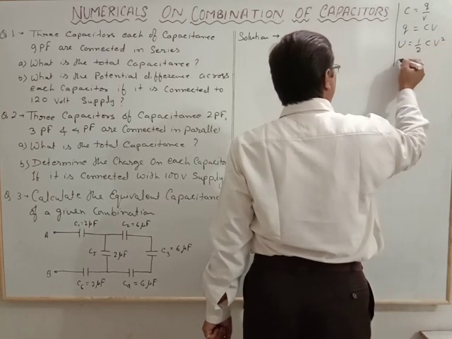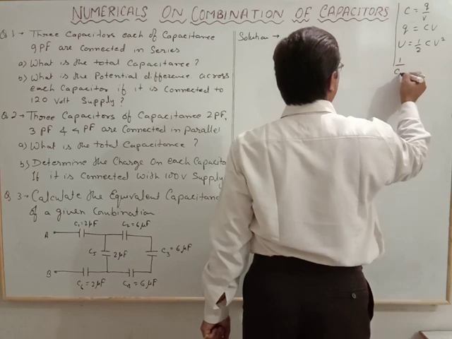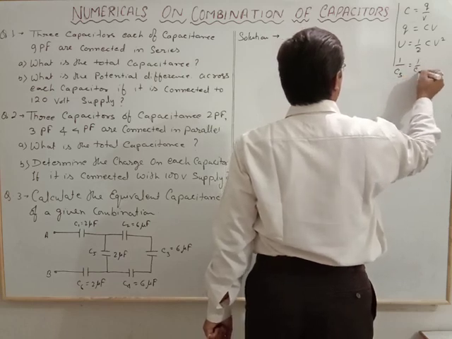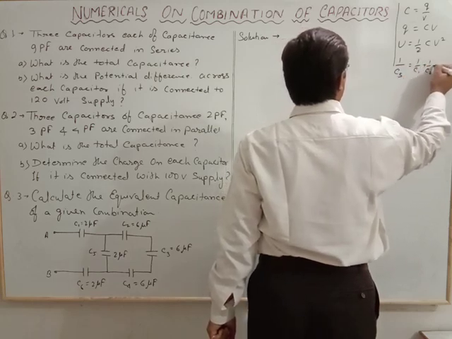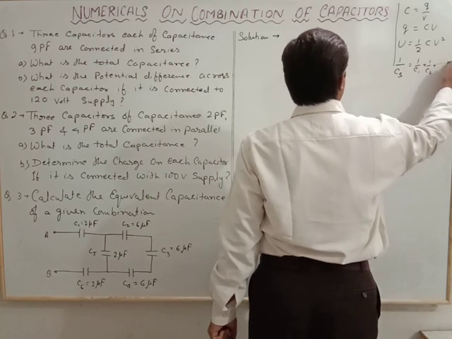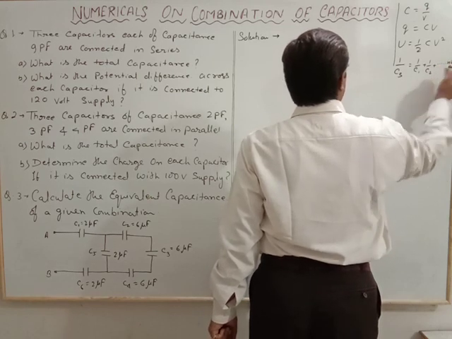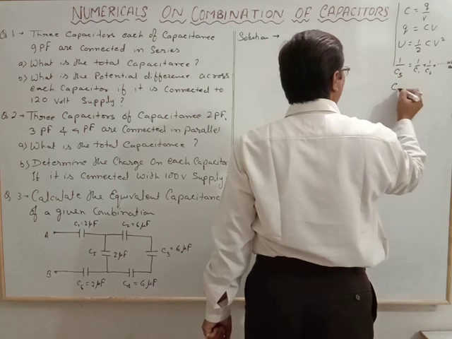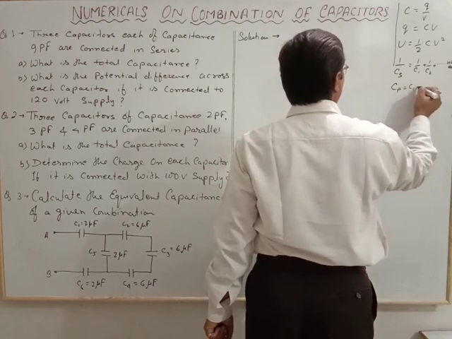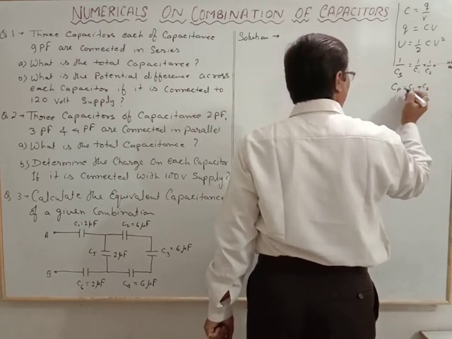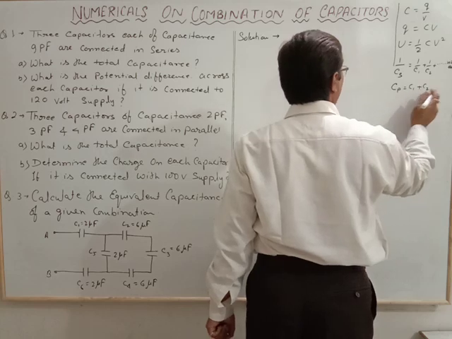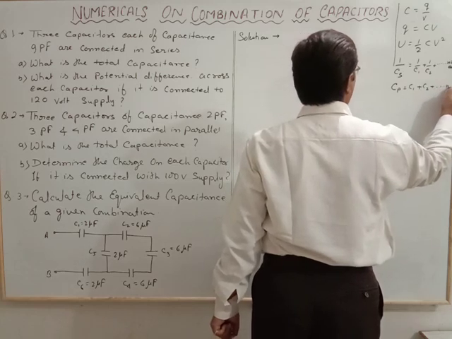In the case of the series combination, 1 by CS is equal to 1 by C1 plus 1 by C2 plus up to the end terms. And for parallel combination, it is C1 plus C2 plus up to the end terms.